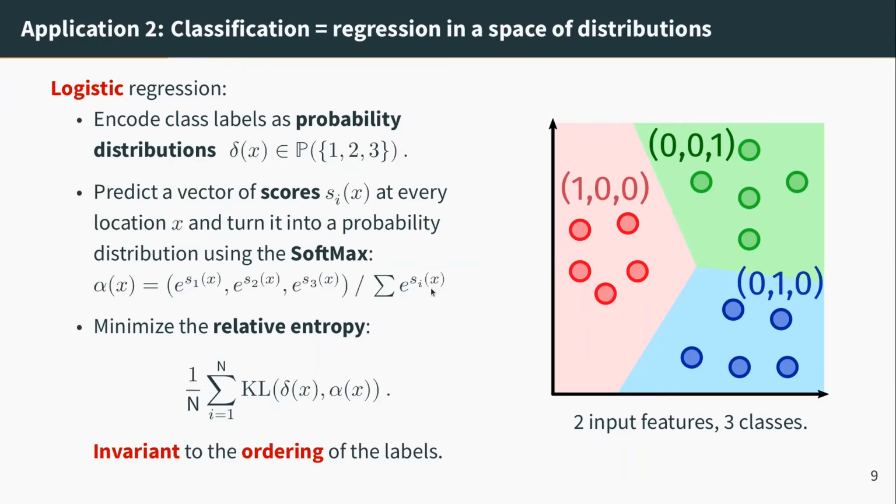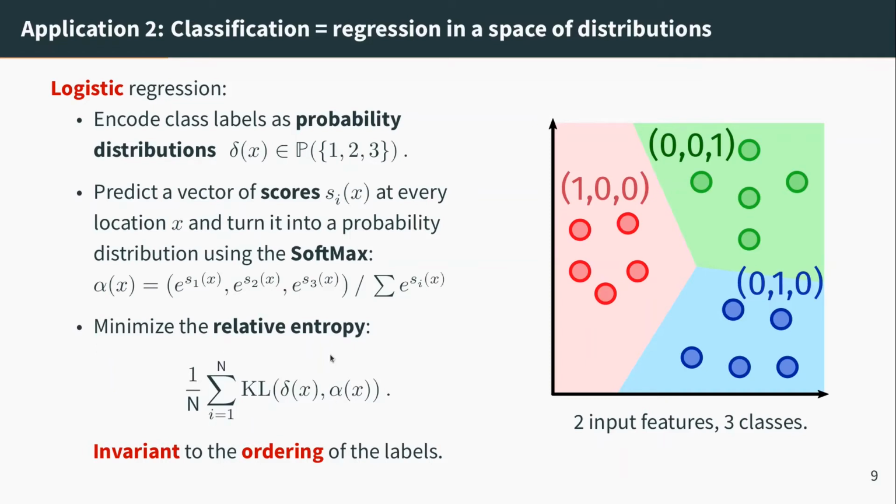Okay, so that's a logistic model. So at every point X, we have defined a parametric way of computing a probability distribution alpha of X, and then logistic regression just corresponds to what happens when you minimize the relative entropy, that we're going to define after the break.